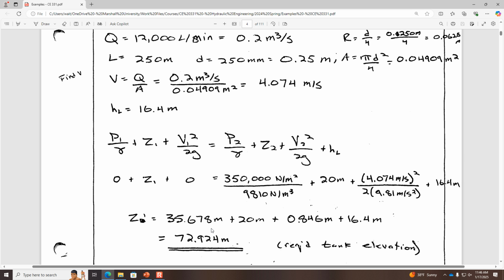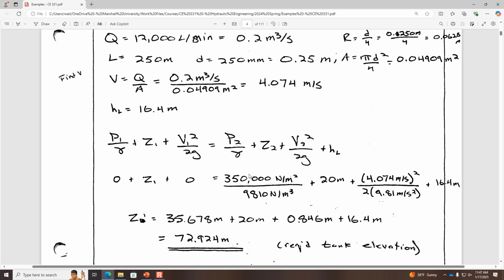We could use a larger pipe that would reduce the energy loss due to pipe friction. Then we wouldn't have to have the tank as tall if we had a bigger pipe. Or you could say, well, we could lower the building. But besides that, it's physics and there's not a lot we can do if we want that 350 kPa at the building. So that's a required tank elevation.